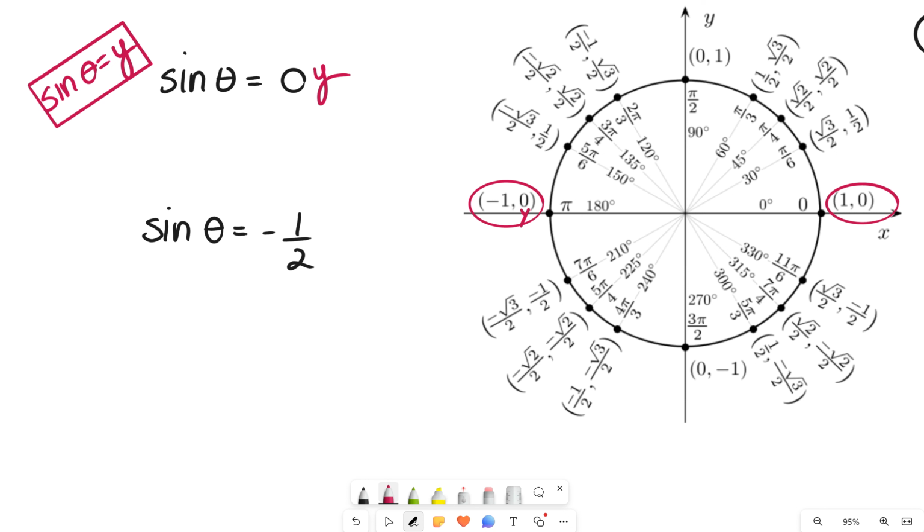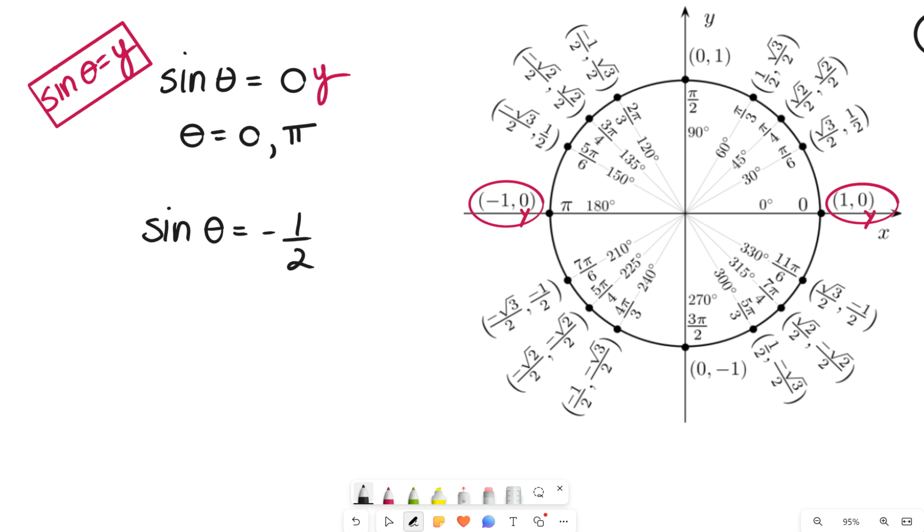That's the x and that's the y. So I am going to say that my angles theta occur at 0 radians and pi radians because we are working in radian mode.